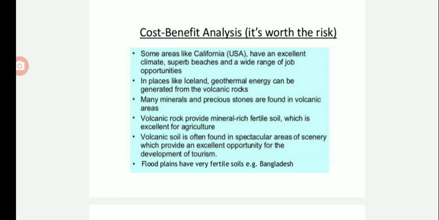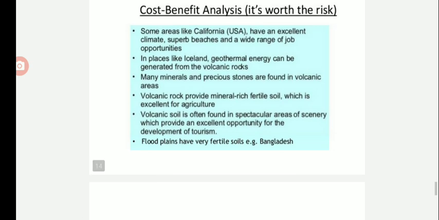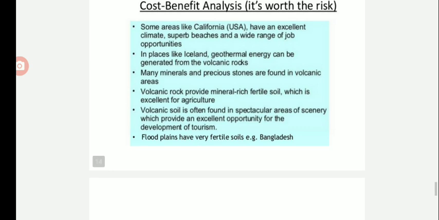Next, cost and benefit analysis. Some areas of California in the USA, for example, have an excellent climate, superb beaches, and a wide range of job opportunities. In places like Iceland, geothermal energy can be generated from volcanic rocks. Many minerals and precious stones are found in volcanic areas only.